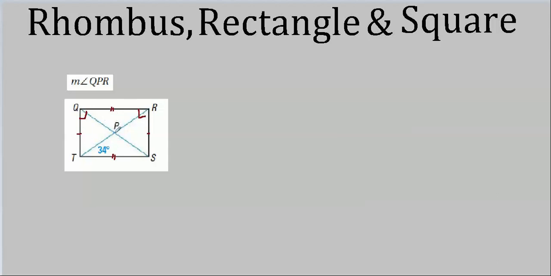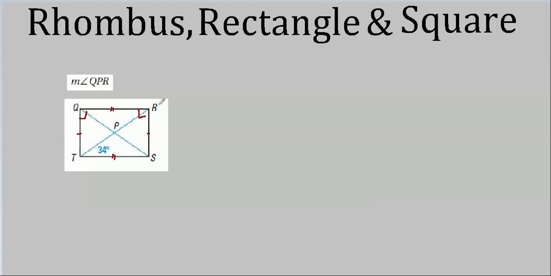That's one way to do it, but what about our properties of diagonals for rectangles? Not only do they intersect at the midpoints, they break each other up into equal segments, but the diagonals themselves are congruent. So QS is congruent to TR.